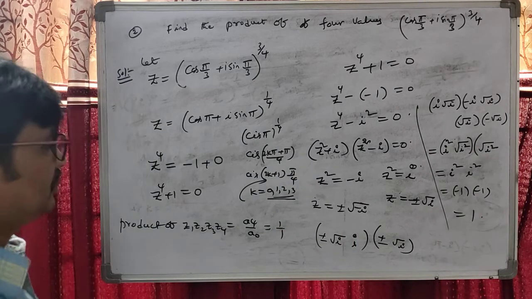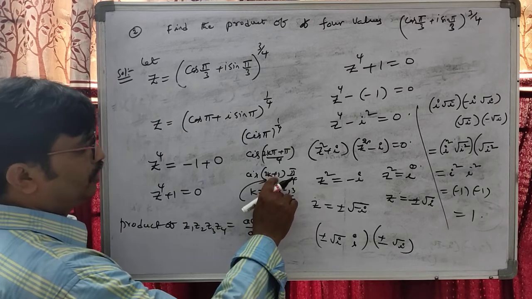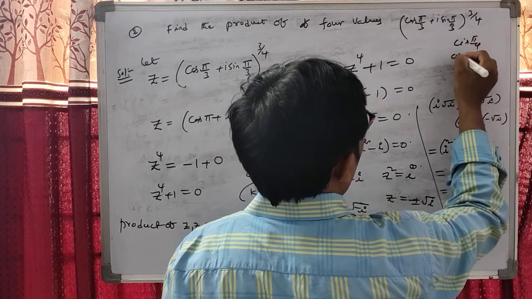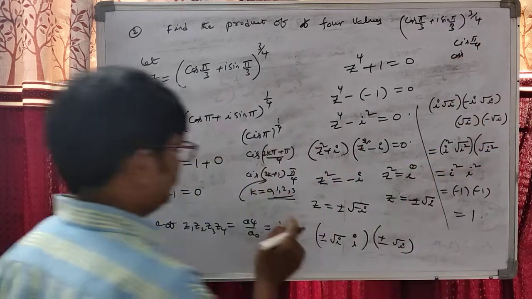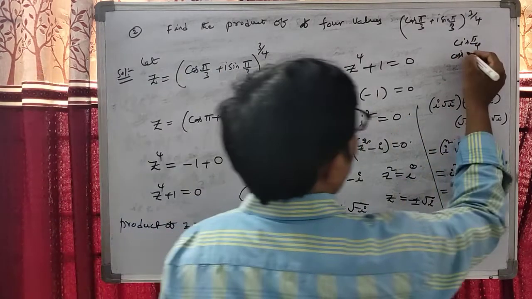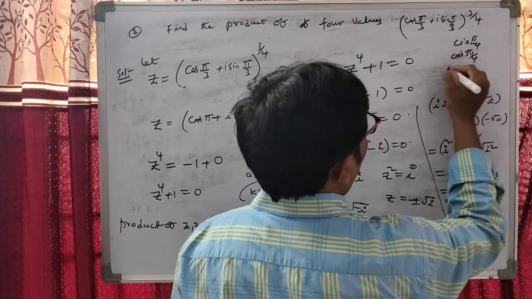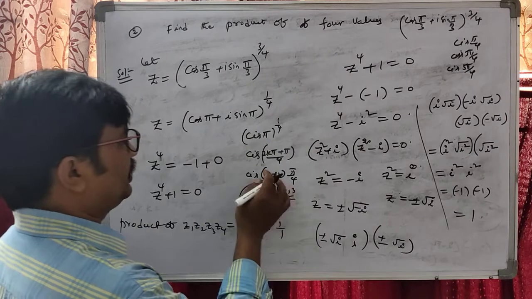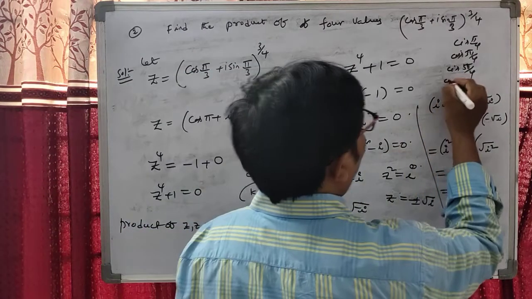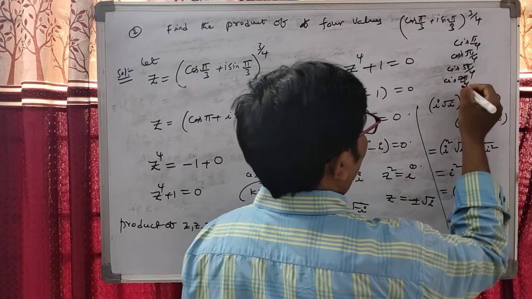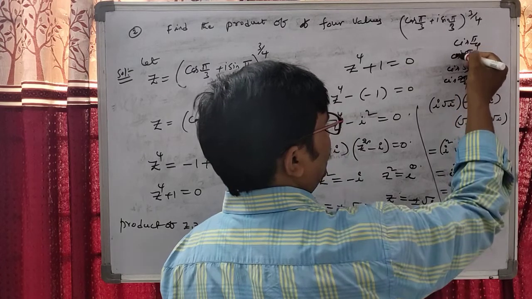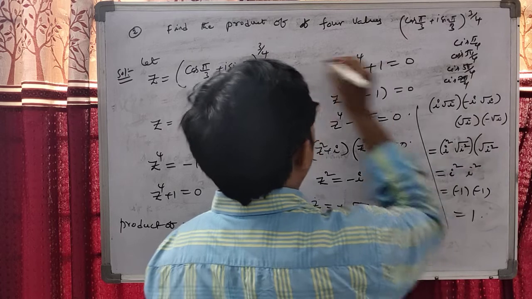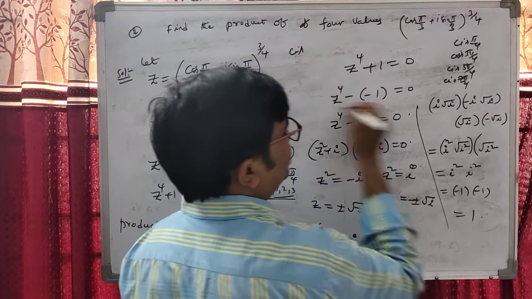Do you understand, students? What is the one more method? When we take k equal to 0, this is cis pi by 4. When we take 1, this is cis of 3 pi by 4. After that, cis of 5 pi by 4. When we take 3, cis of 7 pi by 4. So what is the product of all these values? cis A into cis B into cis C into cis D is cis of (A plus B plus C plus D).